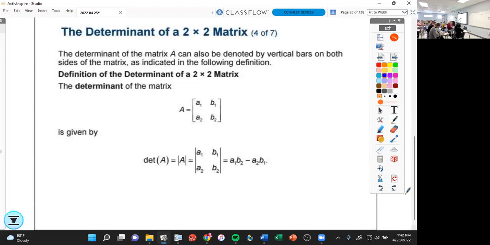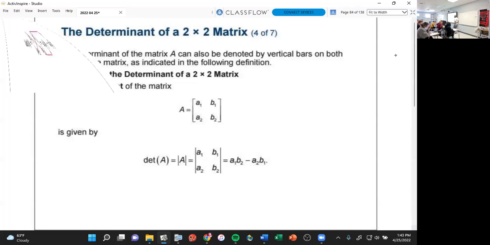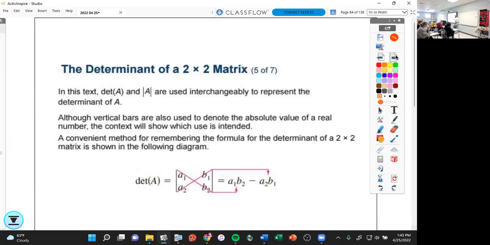Calculate the determinant. The brackets mean this is a matrix. Okay? So here we go. Determinant can be written as det of A or looks like absolute value of A. Interchangeable. Doesn't matter how it's written.